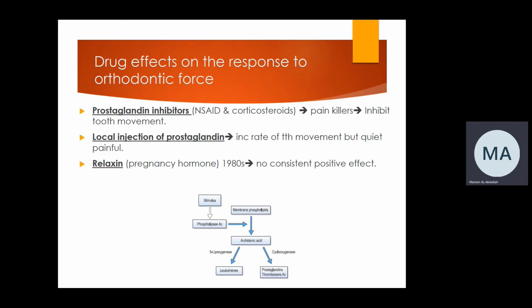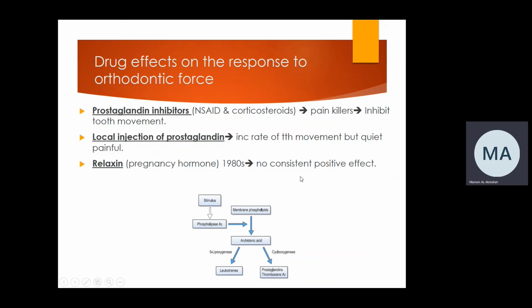Relaxin was a pregnancy hormone that was identified in the 1980s, and it is a hormone that causes the breakdown of collagen fibers. And since tooth movement should include periodontal turnover, they thought that the injection of such a hormone locally within the periodontal ligament where we want to move teeth might increase tooth movement.